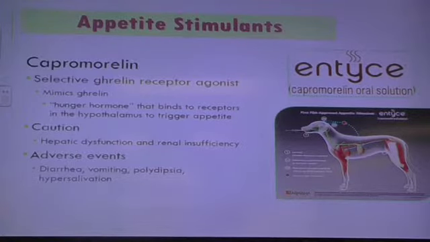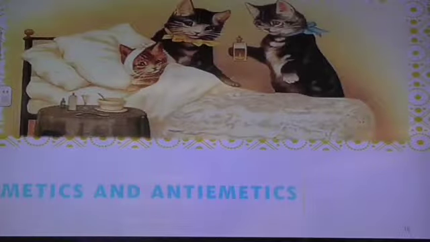Once you use it, you have to monitor closely the hepatic function and the renal function, and the adverse effects, because the drug is just new. It can cross the blood-brain barrier and affect the central nervous system, which can include vomiting or hypersalivation, polydipsia. And some information says it has the adverse effect of diarrhea too. So you have to be careful about using new drugs.